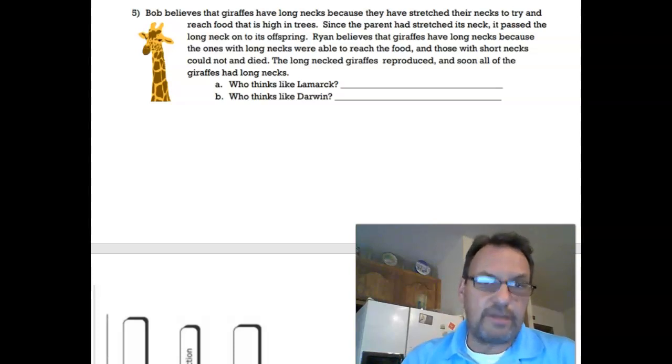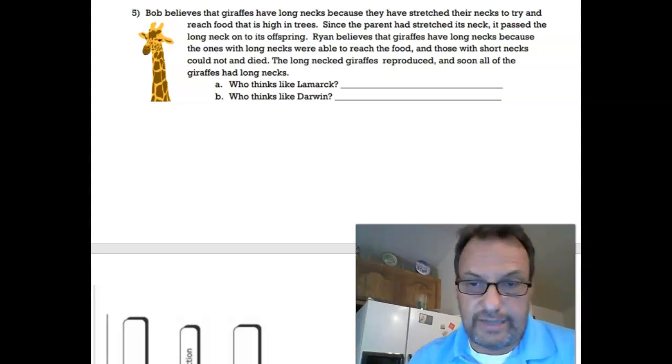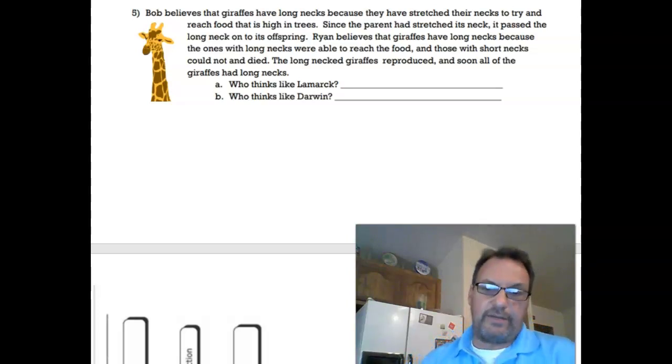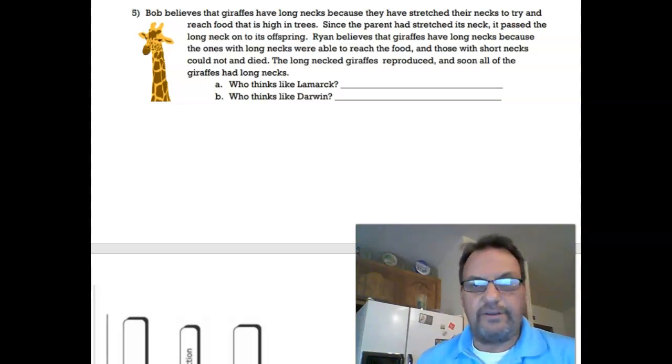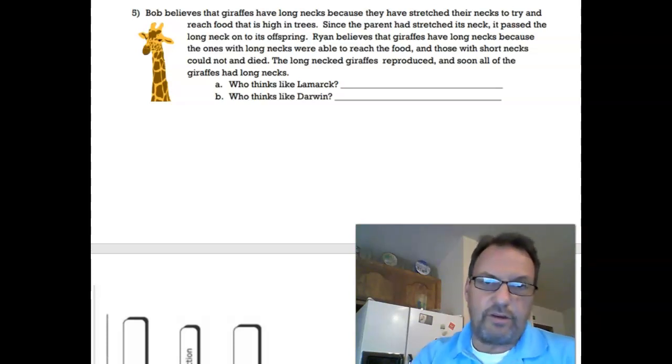So actually, Lamarck is the one who believed, and Bob agreed with Lamarck, that the long necks occurred over time because they were passing on an acquired trait, or a trait acquired during their lifetime, onto their offspring. And Darwin believed different. He believed that there was a different variety of giraffe that happened to have a long neck that was able to survive in its environment. Survival of the fittest. And so Darwin and Ryan go together, and Lamarck and Bob.